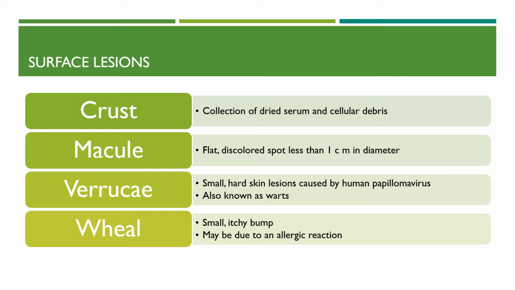Verruca. Now, I remember this because if anybody has watched the movie Willy Wonka and the Chocolate Factory or Charlie and the Chocolate Factory, the one little girl's name is Verruca. Verruca is a name for a wart, commonly caused by the human papilloma virus.